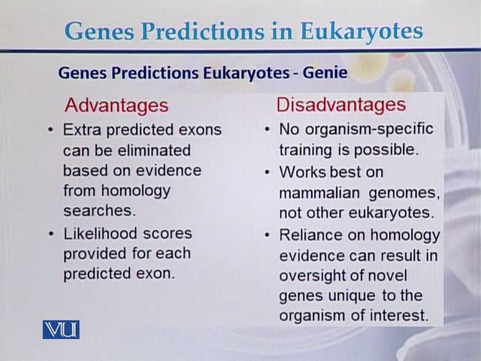There are some advantages and disadvantages: extra predicted exons can be eliminated based on the evidence from homology searches. On the other hand, it works best only for mammalian genomes, not for other eukaryotes. So these are some of the advantages and disadvantages of this tool.